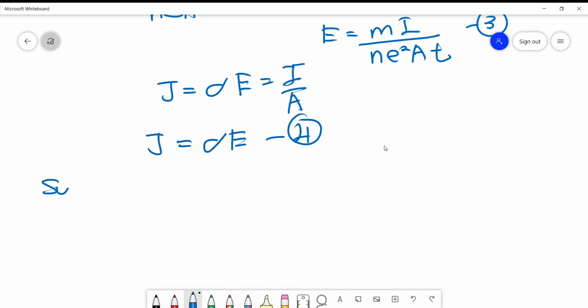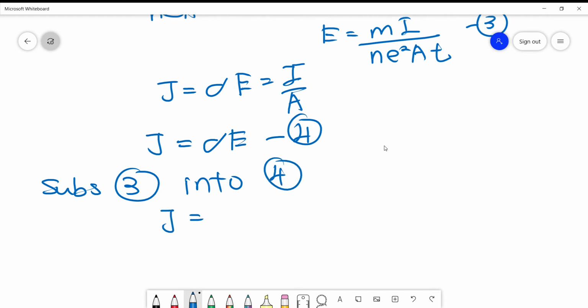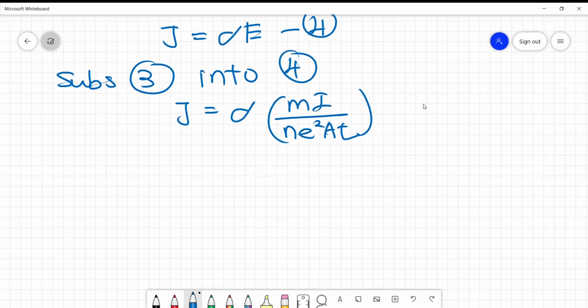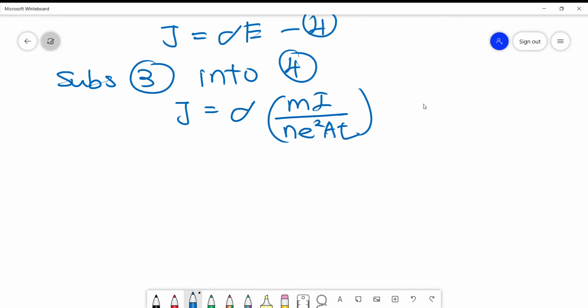So let's substitute equation 3 into 4. So J is equal to sigma, and this is mI over ne squared A t. After deriving until here, what we need to do is change this J into I over A, since the final formula does not consist of J, the current density.